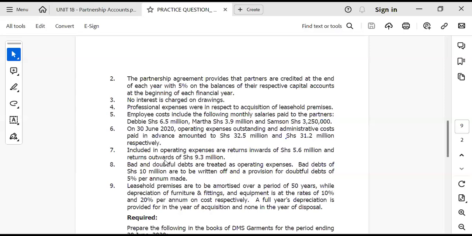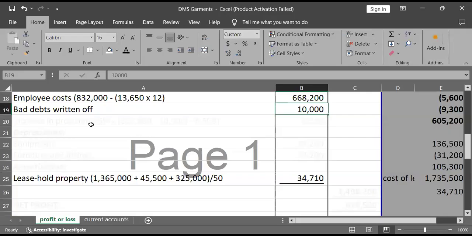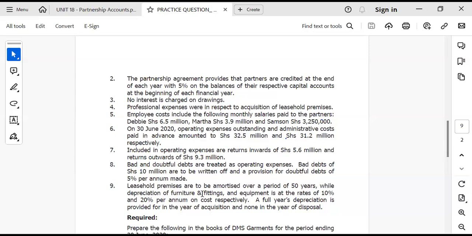We can continue reading our note. So bad debts of 10 million are to be written off. We have accounted for that, and provision for doubtful debts of 5% per annum was made. So how are we going to get the provision? We are going to get our total value of receivables.